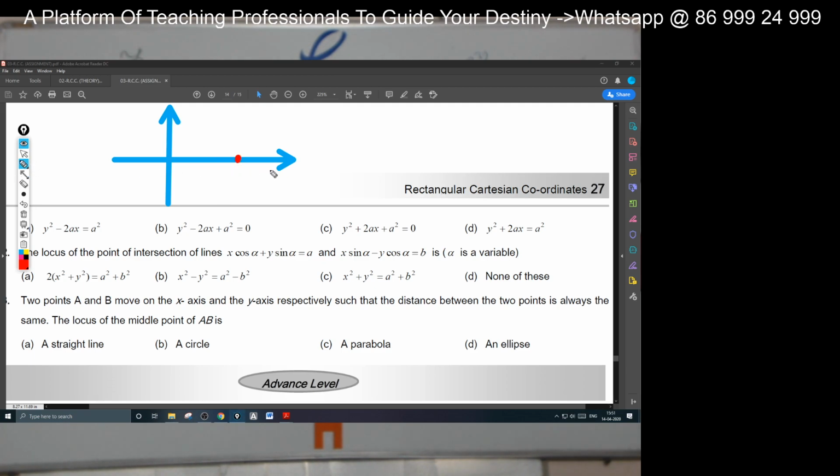Let me check. Let me take a point on the x-axis as a comma 0. Yes, Prabhu sir is saying it is a circle which has a special name when you learn the ellipse. You're right, Ravi sir. This one I remember: it is known as the director circle.